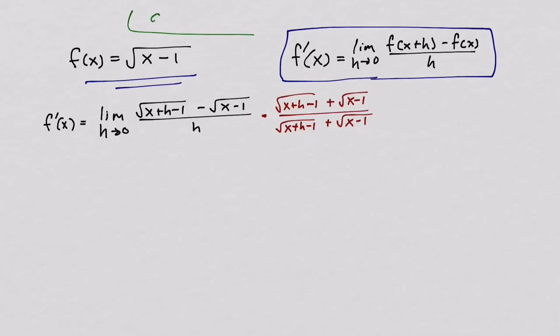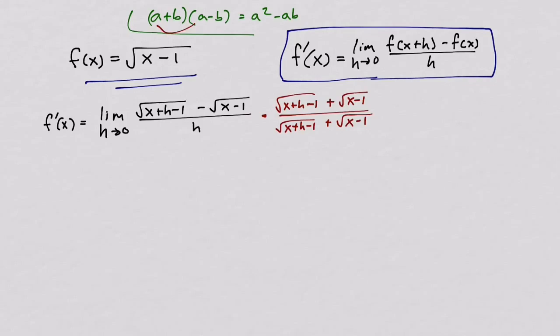If I multiply a plus b times a minus b, I get a times a, which is a squared. I get a times negative b, so negative ab.